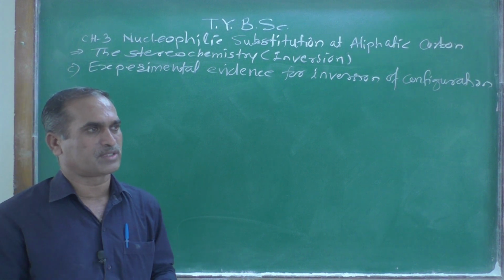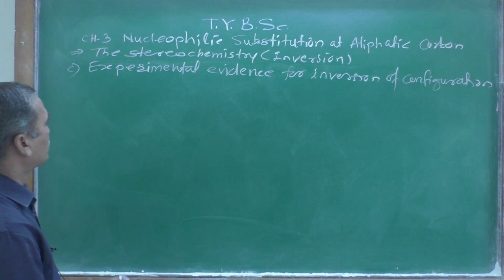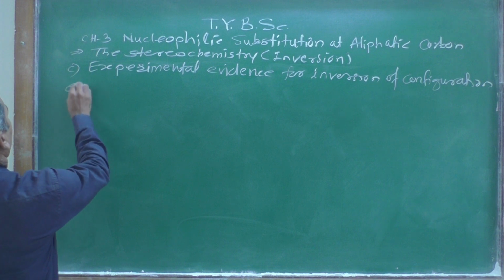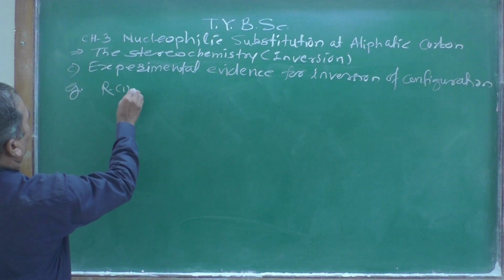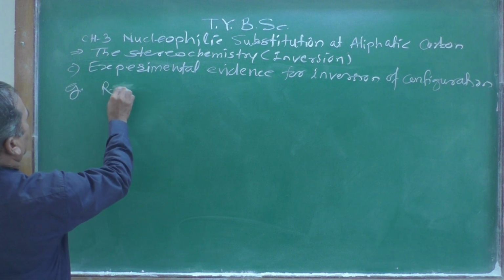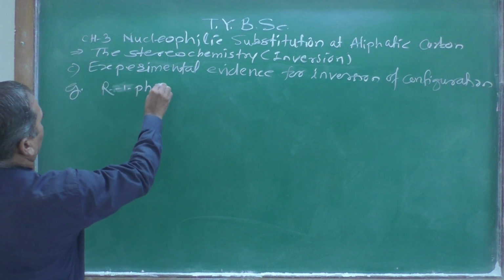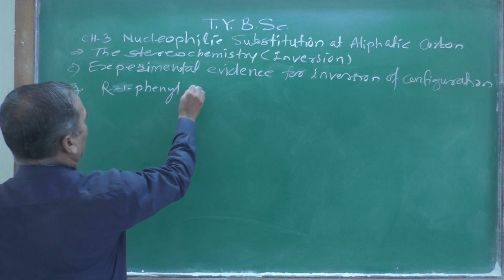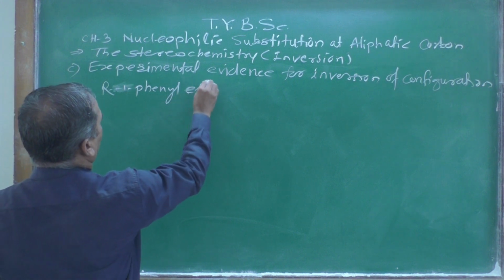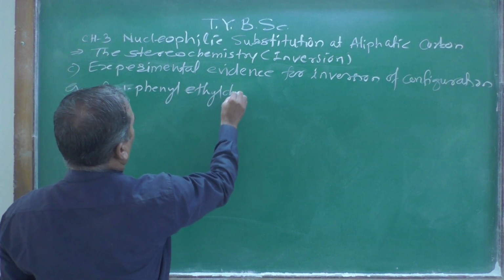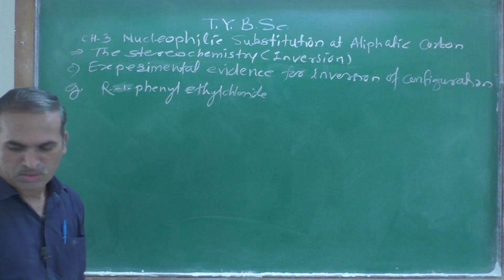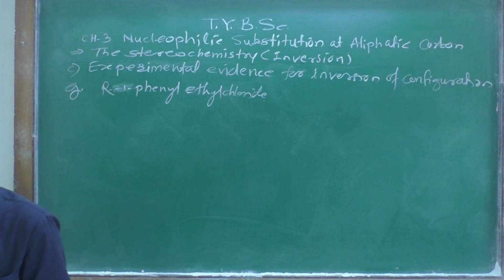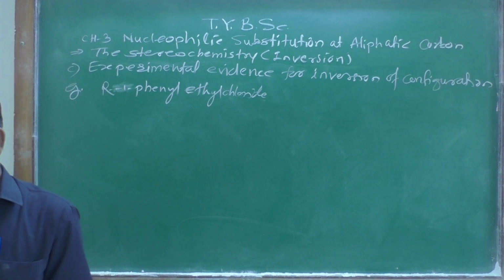Let us see the first one. Here we are going to consider the example of R-1-phenyl ethyl chloride, or ethyl bromide, we can call it. No, that is not it.